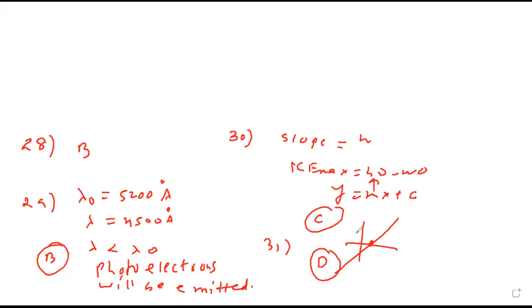32. If E is Einstein's photoelectric equation, which is h nu minus work function, where nu is the frequency of incident radiation and W0 is work function, what is E in the Einstein equation?